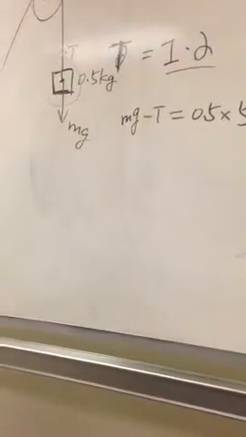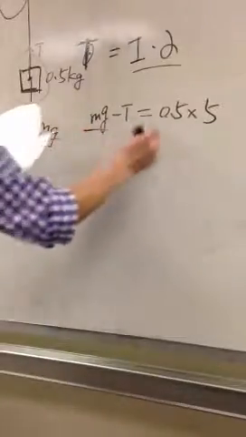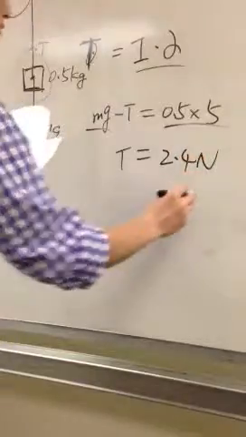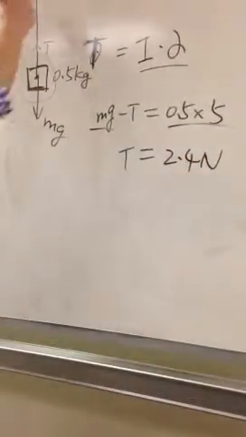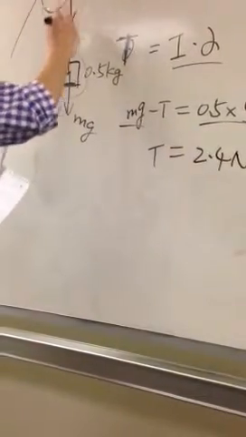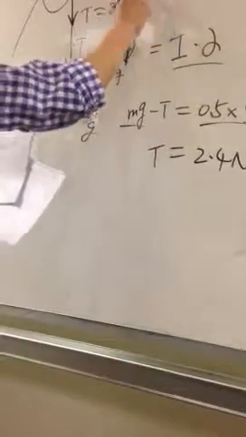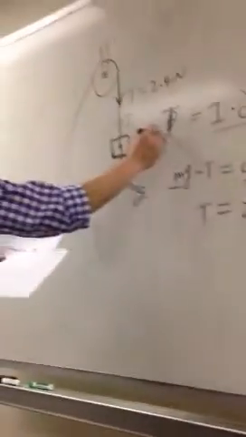And then you will be able to calculate the tension, because you know here and you know here. The tension is 2.4 Newtons if you calculate. So we know the force here is 2.4 Newtons, and this force is equal to this.